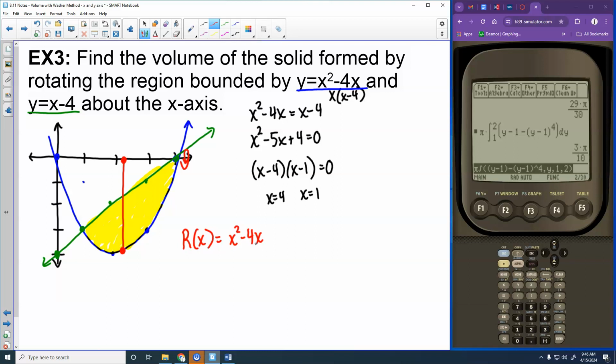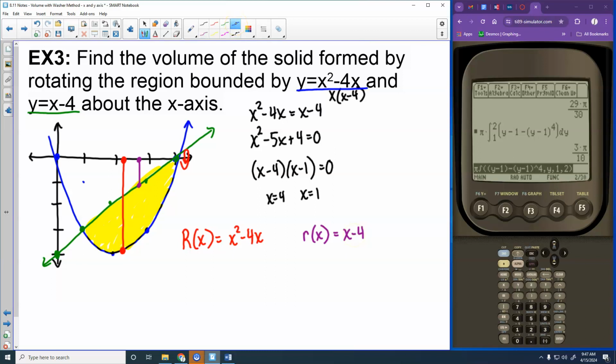I'm almost tempted to do 0 minus x squared minus 4x, but I think that just makes this more complicated. The square is going to make it work out either way. Technically that's going to be a negative value, but we don't care about negatives when we're talking about area, so it'll be okay. And then closest to the axis that we're rotating around would be our lowercase r of x, the inside graph, which is x minus 4 here.